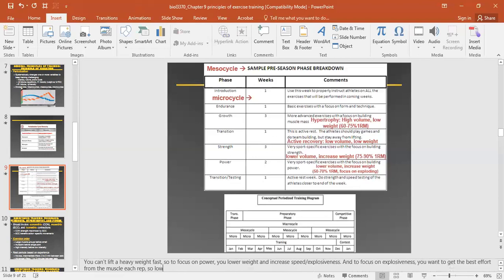So low reps, volume, moderate to low weight, intensity, focused on exploding. So this would be like an Olympic lift, a power clean, or a hang clean, or a jerk, or a snatch.